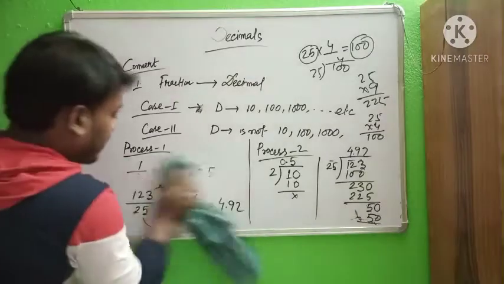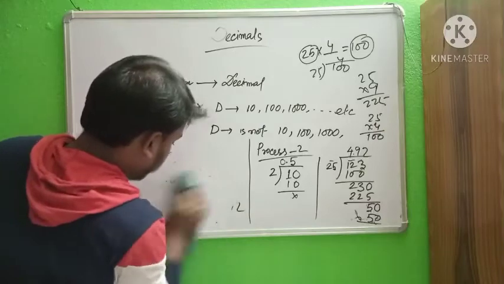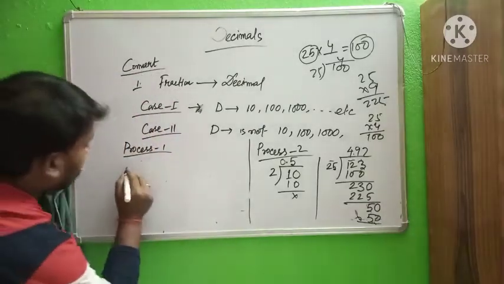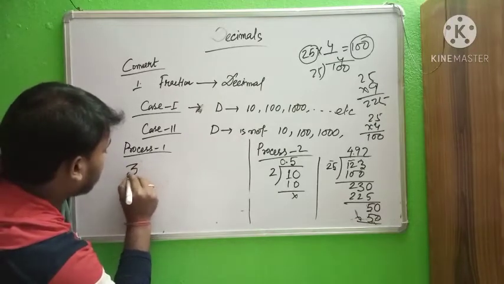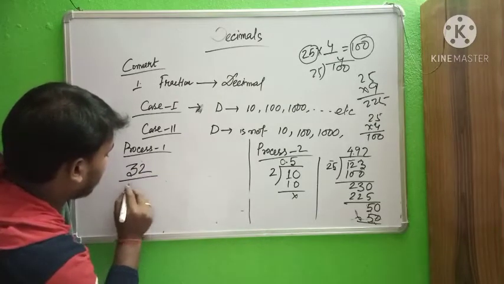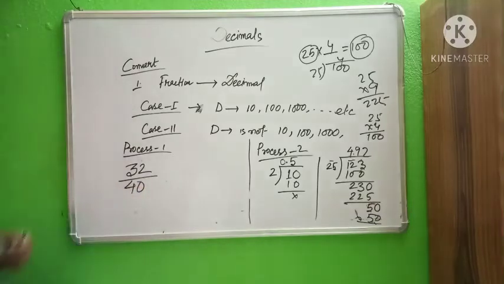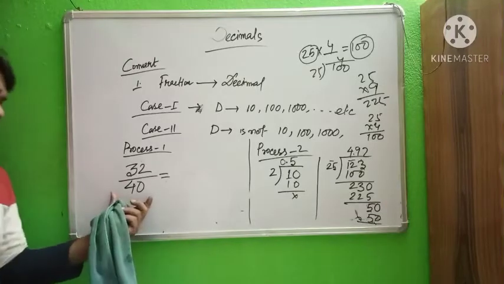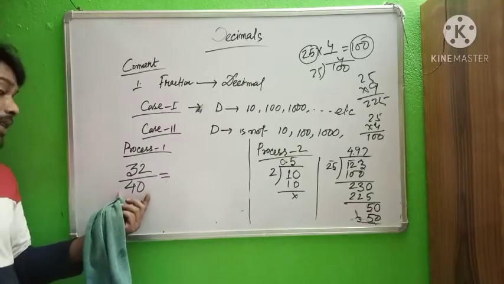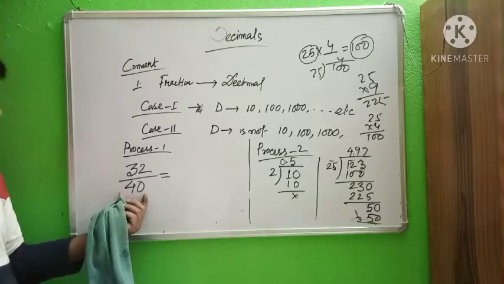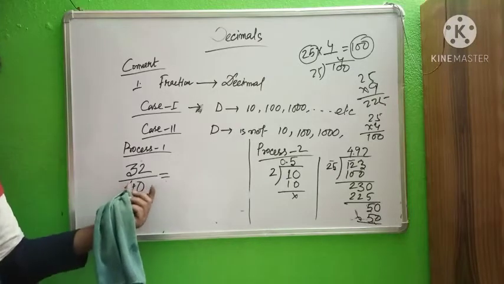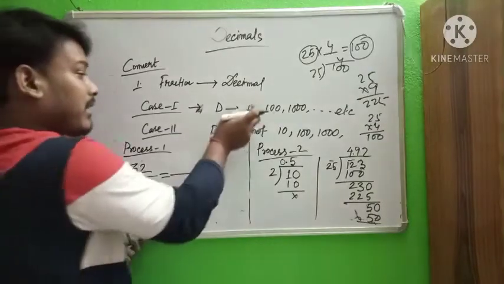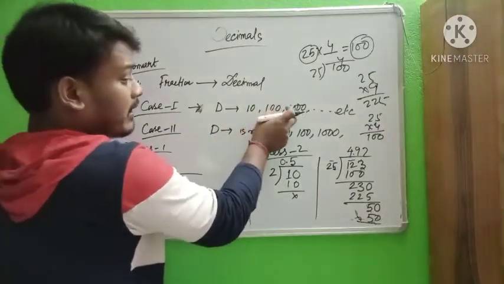Another thing, if the value is 32 by 40, we can see that if we divide the denominator by 4, then the value is 10, and we need 10, 100, 1000 in the denominator.